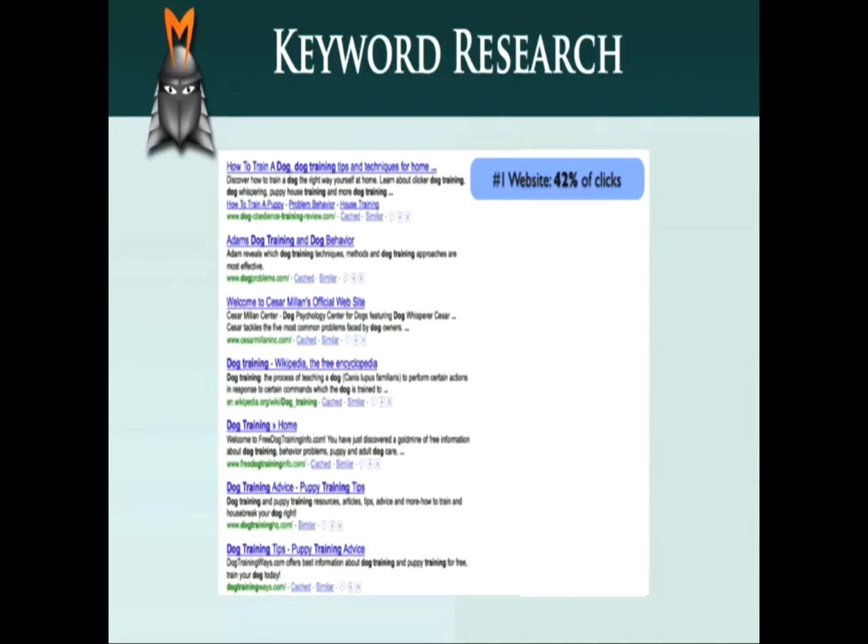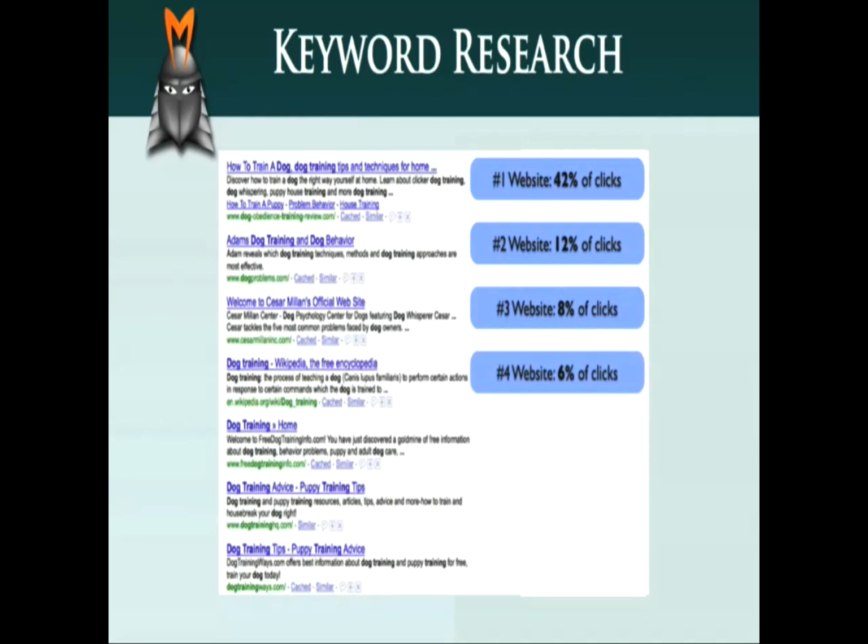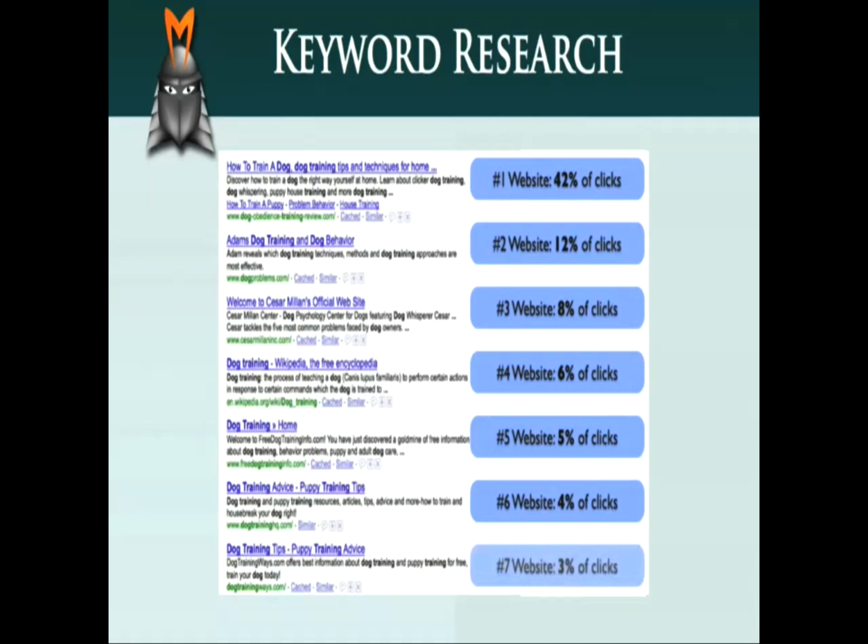The #2 ranked website receives 12% of clicks. The #3 ranked website receives 8% of clicks. The #4 website receives 6% of clicks. The #5 website receives 5% of clicks. The #6 website receives 4% of clicks. And the #7 website receives 3% of clicks. And the remaining clicks are shared between all the other sites listed in Google.